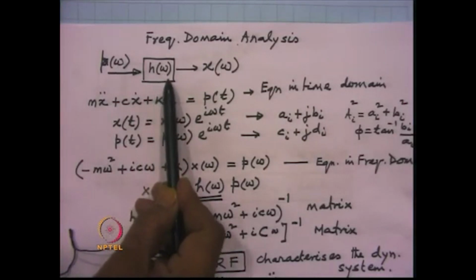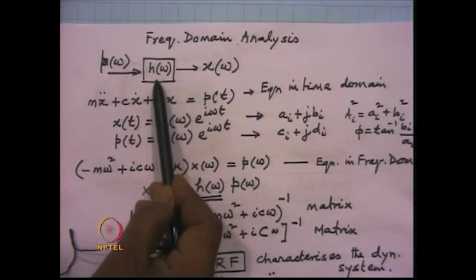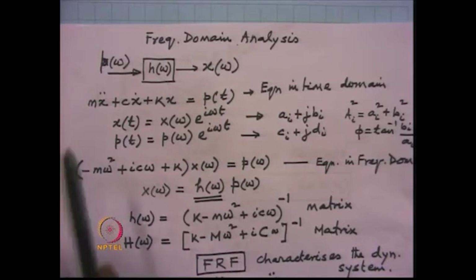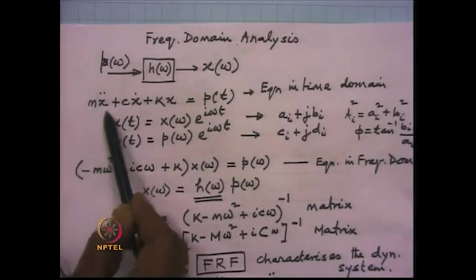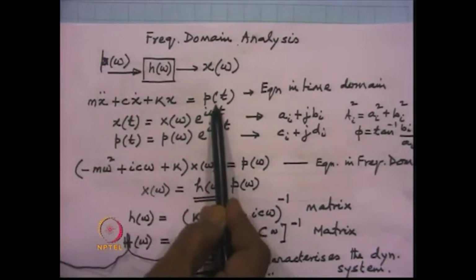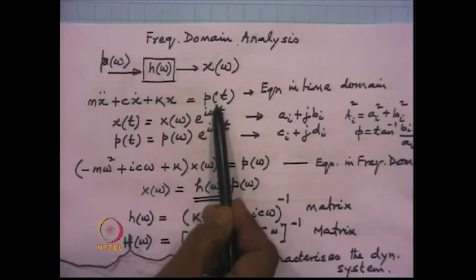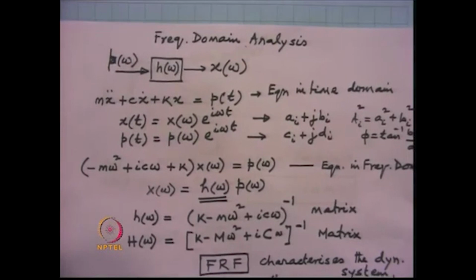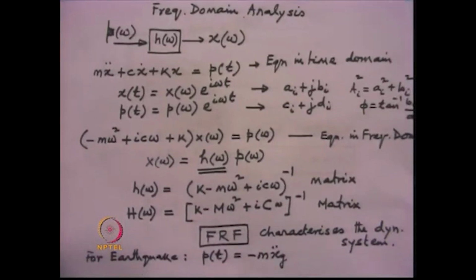Let us try to recall what this H(omega), the frequency response function, is. If we write down the equation of motion for a single degree of freedom system, it is like this, and when we have earthquake or support excitation in particular, then P(t) becomes equal to minus m x double dot g. That is the definition.